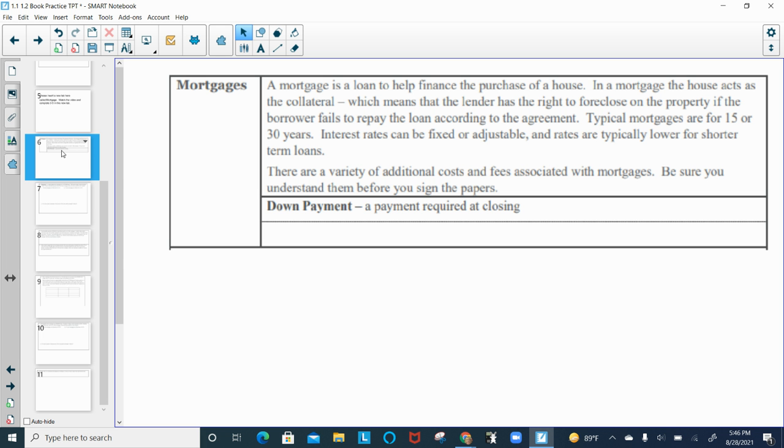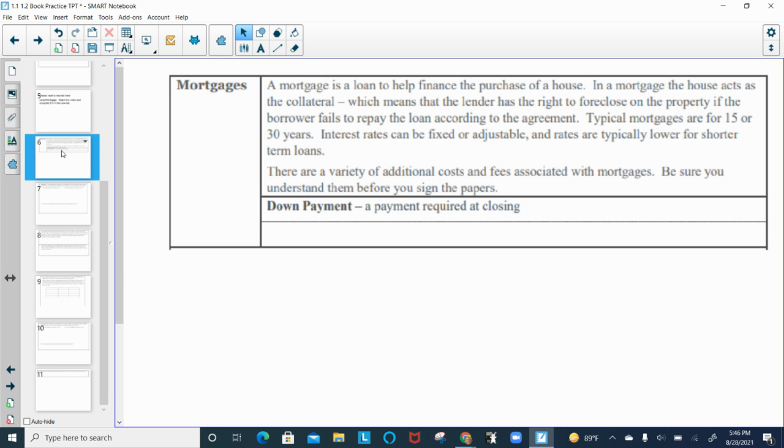Hopefully that makes sense, because banks and credit unions will charge you less to borrow money for a short amount of time than to let you borrow for a long time. That's because they get their money back and make their profit off your interest payments quicker with a shorter term loan. That's true with car loans too. Usually your rates are better for shorter terms.